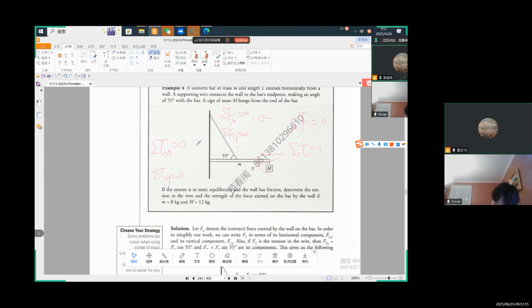You can also use this, but I didn't really use it because they don't have a lot of torque there. There are only 3 forces giving a torque in this one, right? Does that make sense?